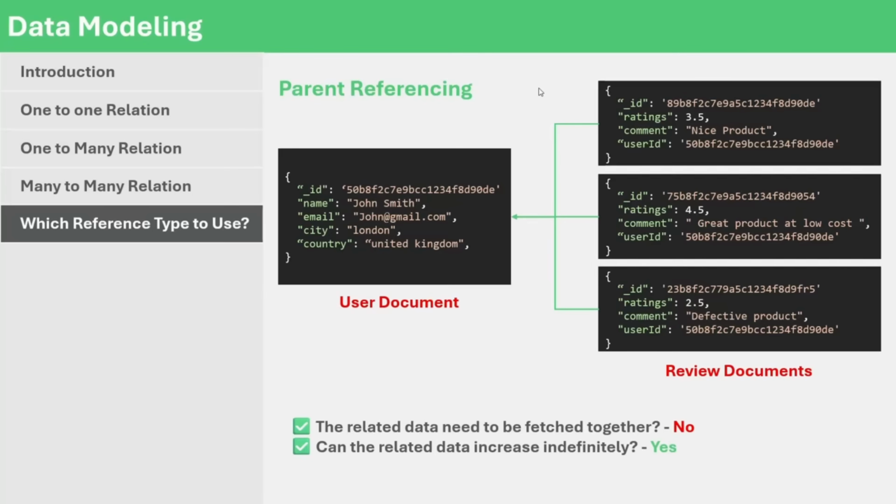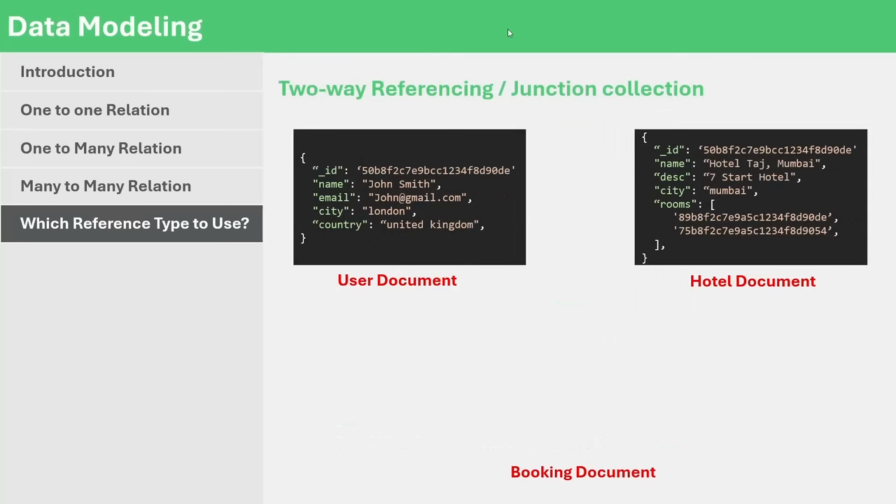Now let's take one more example, of two-way referencing. So let's say I have a user document and I have a hotel document. One user can book multiple hotels, and one hotel can be booked by multiple users. So here between the user and the hotel, we have a many-to-many relationship.